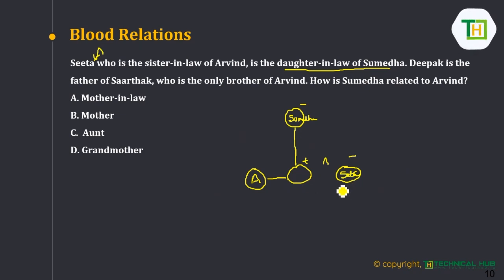Clear? Next one. Deepak is the father of Sarthak. Relation is not given, but here the sentence is completed. Sarthak is, who, taken as the previous person. So Sarthak is the only brother of Aravind. Here one statement is given.